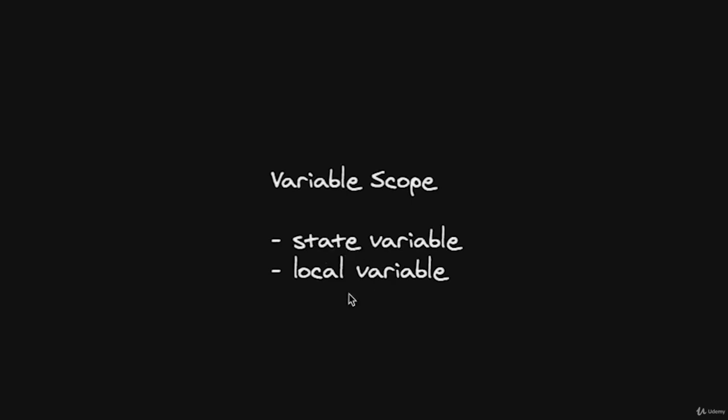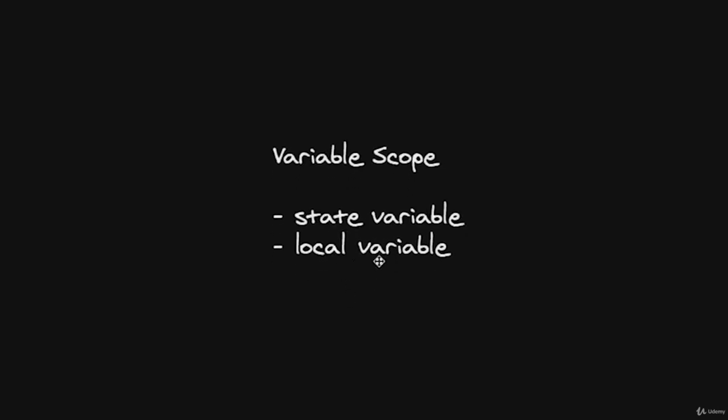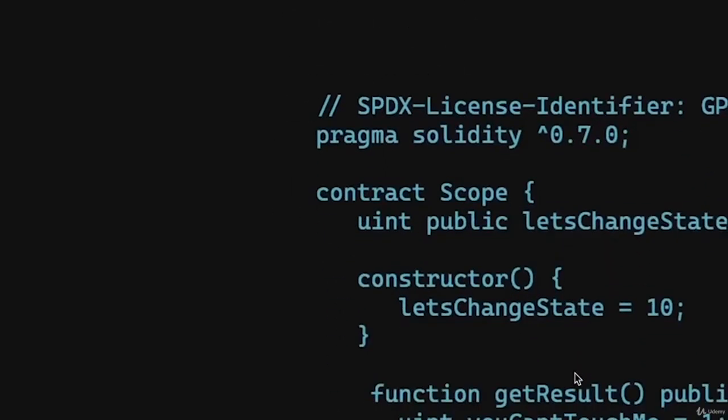That's what it's referring to. And then there are local variables, which are not really stored in any blockchain state. They are defined inside functions and they're kept in stack memory. So you initiate these variables inside the functions, and when the functions are done executing, they do not exist anymore. They disappear. They're temporary variables.